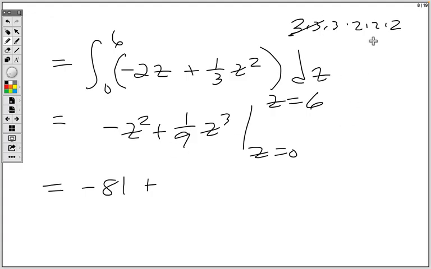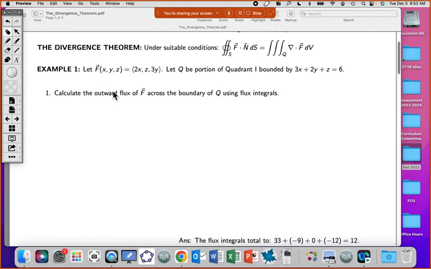So that would be gone. I'd be left with what? 24. So minus 81 plus 24, what's that give me? Excuse me. Negative 57. So that would be your flux across that one.